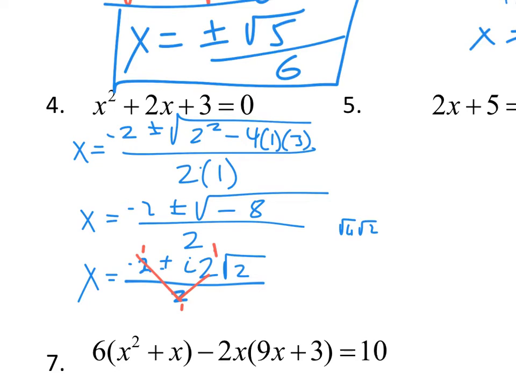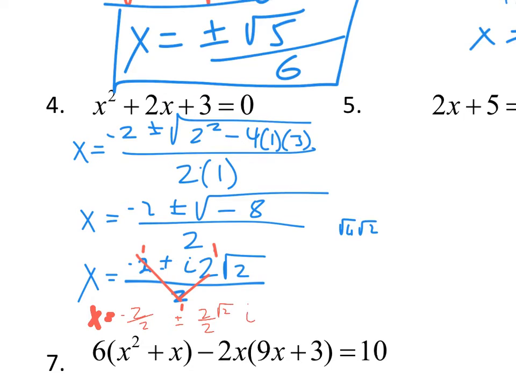Or another way that helps people understand here is if they rewrite this as x equals -2 over 2 plus or minus 2 over 2 square root of 2i.